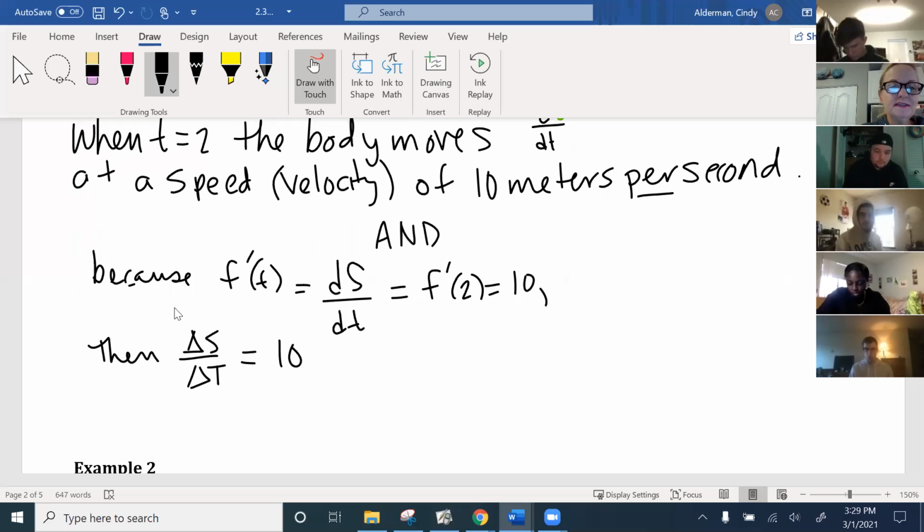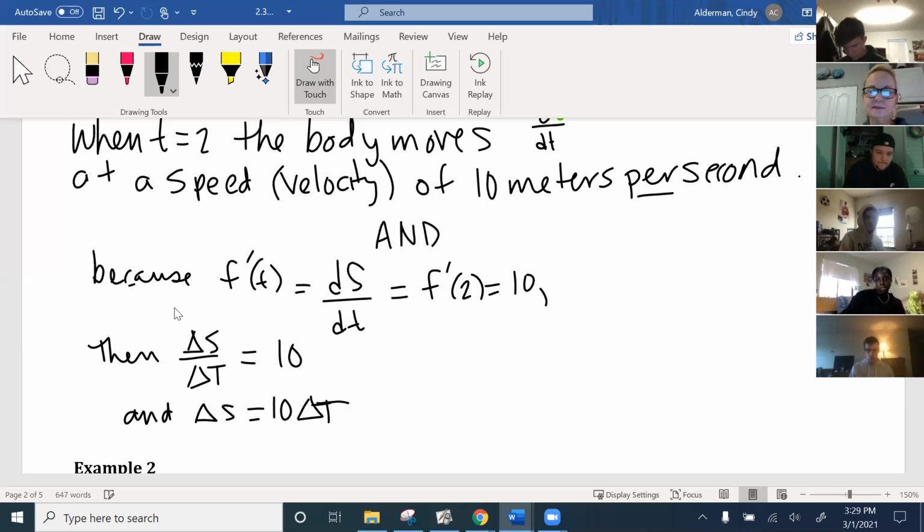Now, if you solve this for the change in s, we just multiply both sides of the equation by the change in t, so the change in s is equal to 10 times the change in t.